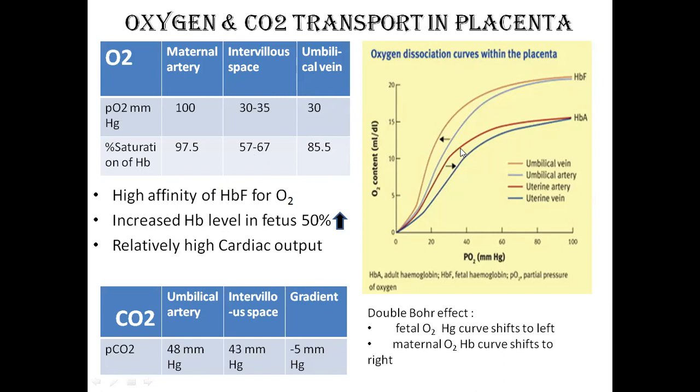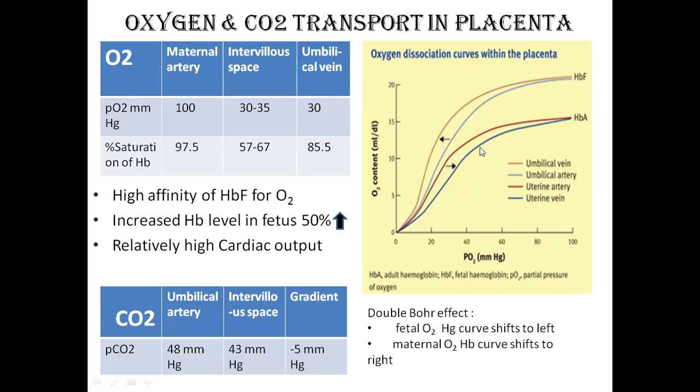On the other hand, because the carbon dioxide shifts into the maternal vein, and so hemoglobin F, so this is the maternal blood, we see that from the maternal artery, there is a shift towards the left in case of maternal vein.